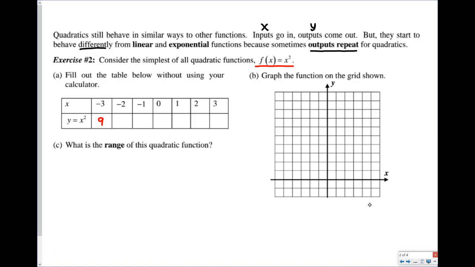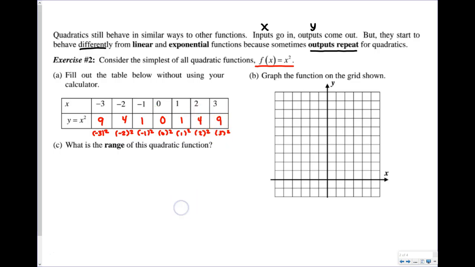So this would be like saying negative 3 squared. Okay, the next one, negative 2, would be like saying negative 2 squared, which is 4. Then this would say negative 1 squared, which is 1. Then 0 squared is 0. 1 squared is 1. 2 squared is 4. And 3 squared is 9.